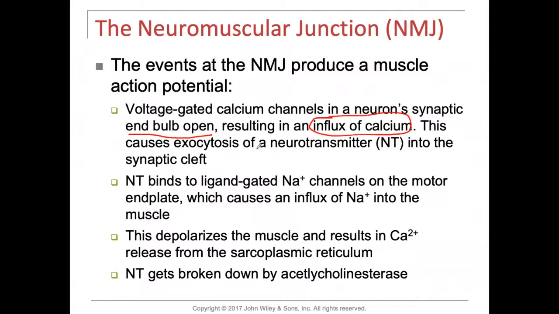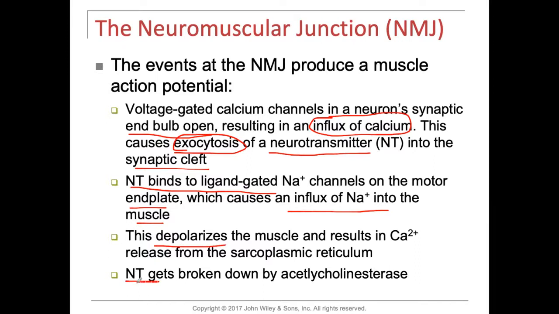That influx of calcium tells that vessel that contains the neurotransmitter at the synaptic end bulb to release acetylcholine through that method called exocytosis into the synaptic cleft. Right? The neurotransmitter binds to the sodium channel on the motor end plate, and it causes an influx of sodium into the muscle. That's what creates the action potential or the depolarization of it.